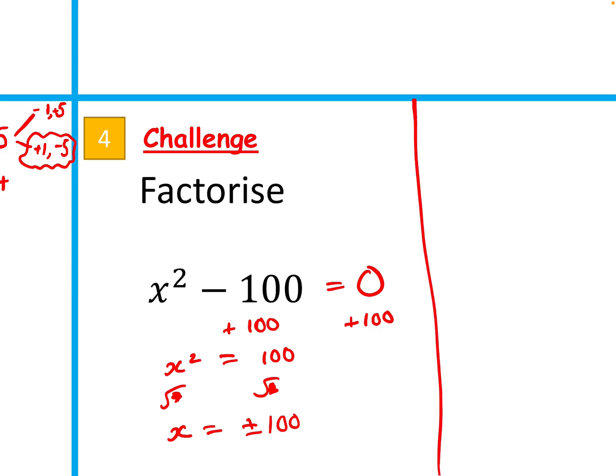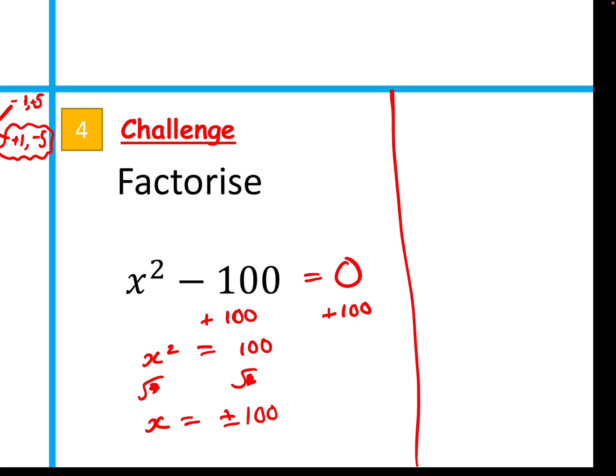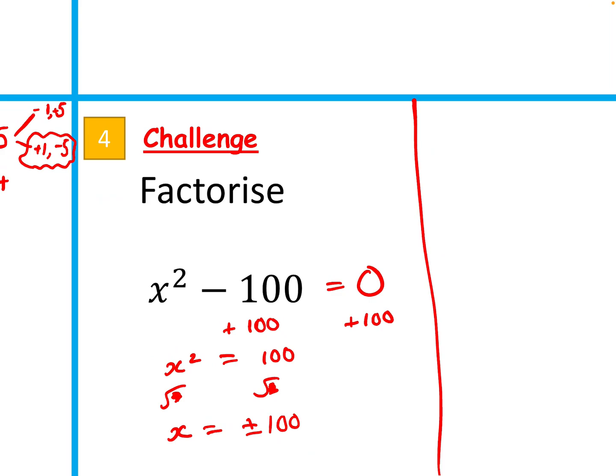What we've been asked to do instead is to factorise it. Now, some of you would have recognised this as what we call the difference of two squares. It's a difference because it's a subtraction, and it's two squares because x squared is squared, and 100 is a squared number.